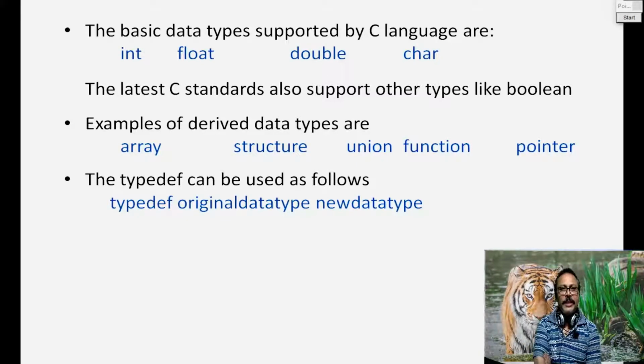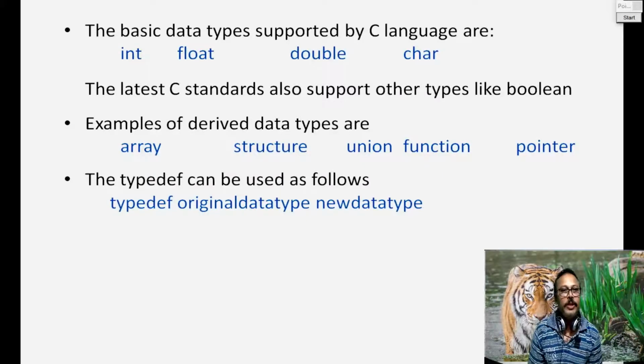The basic data types supported by the C language are integer, float, double, char.